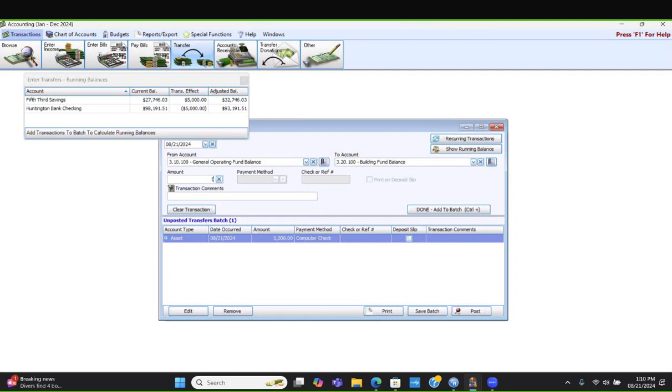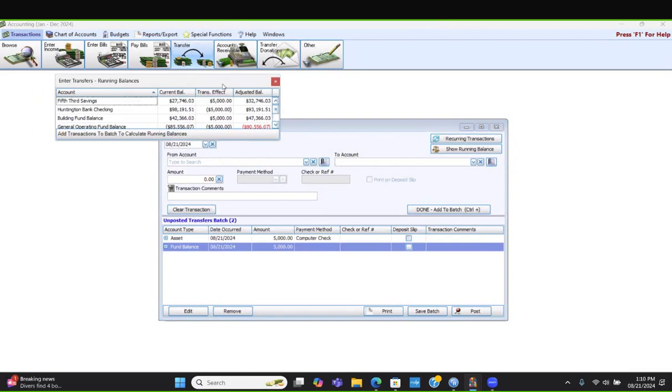But assuming that I did, I would do another similar $5,000 transfer between my funds. Notice no payment method is required, no check or reference number. I click Done, Add to Batch. Similarly, now notice we've got general operating fund is now lower by 5,000 and my building fund balance is higher by 5,000. Again, there's nothing set in stone about this, folks.